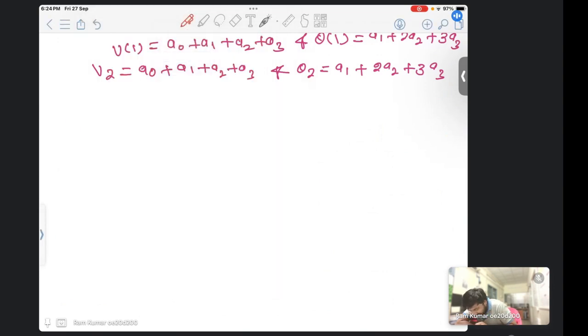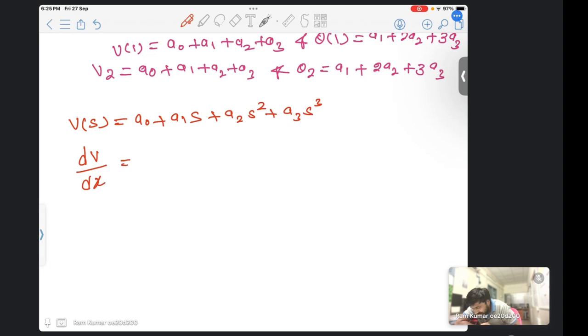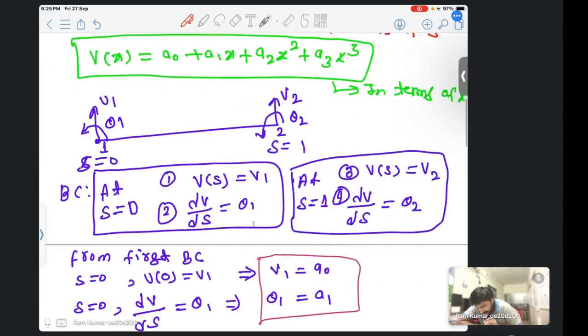So this is our trial function: a naught plus a1s plus a2 s square plus a3 s cube. What will be dv by dx? dv by dx will be dv by ds into ds by dx. Now what is dv by ds?